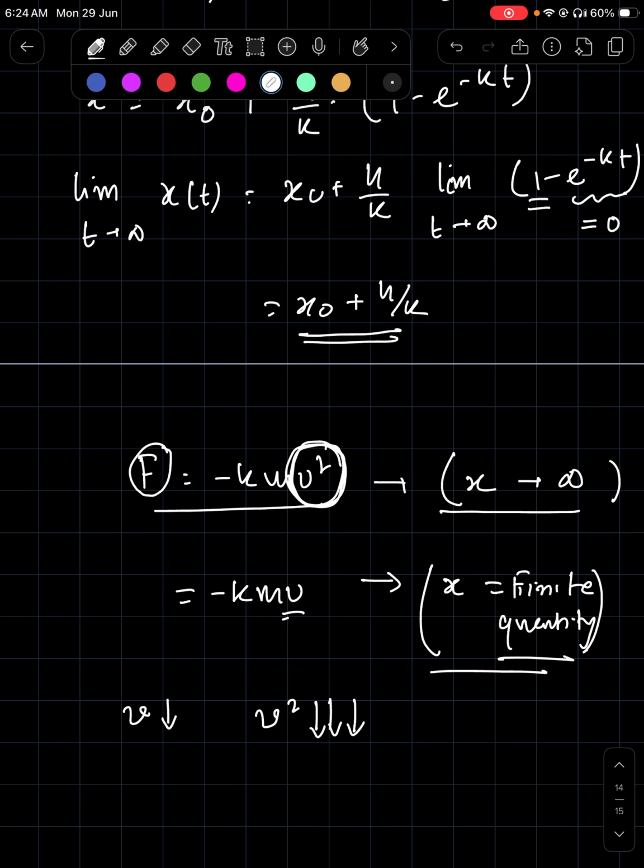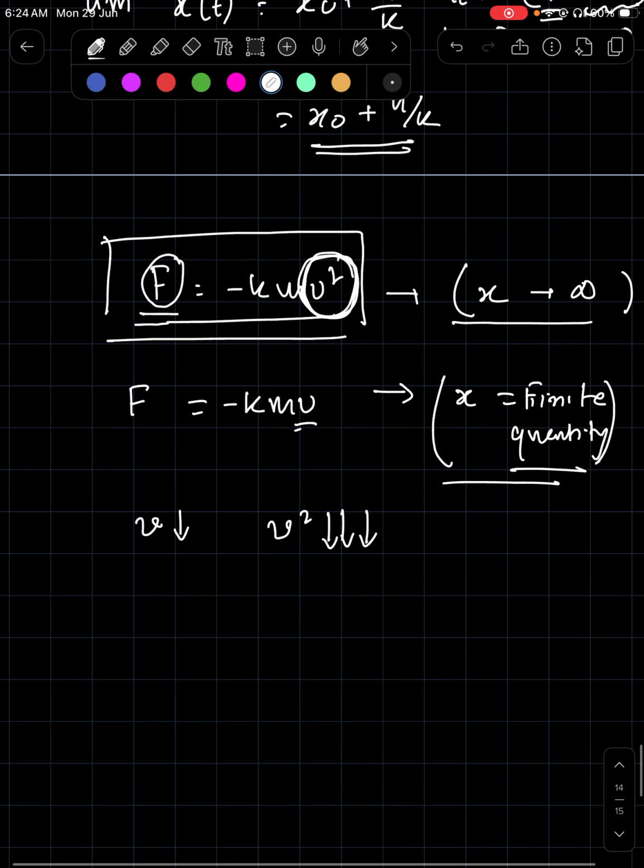So that is why, when the force is being reduced in the previous case, where it came as v squared, okay, so if I take the magnitude of the two forces and get the ratio, suppose I write that as f1, that as f2. If I take f1 by f2, so simple, it is v.